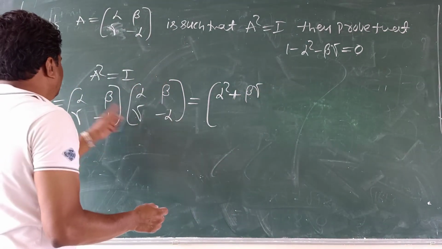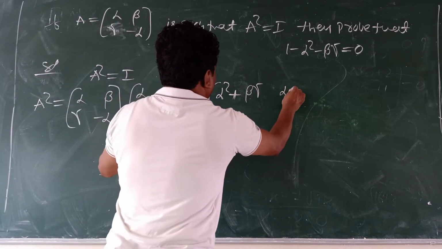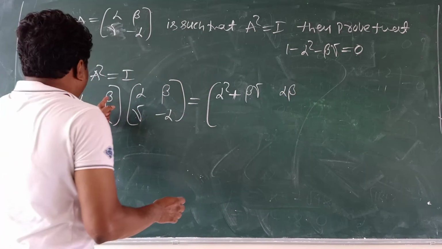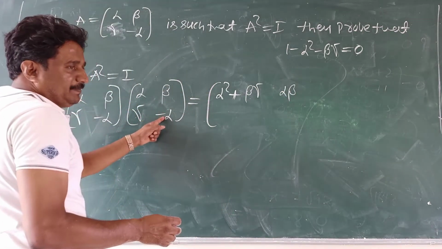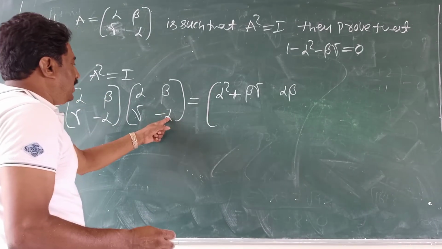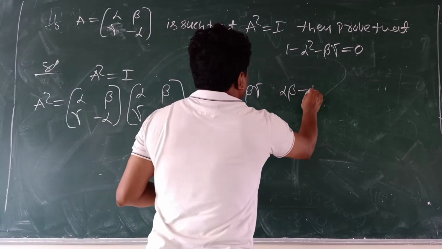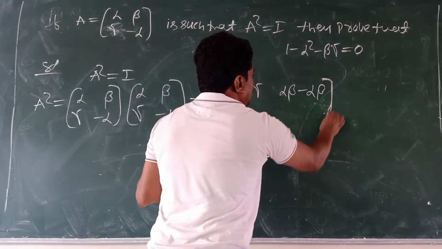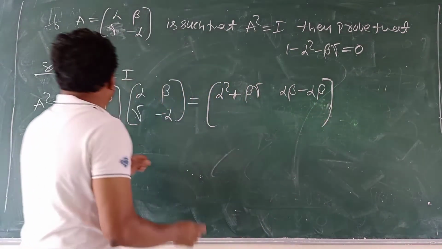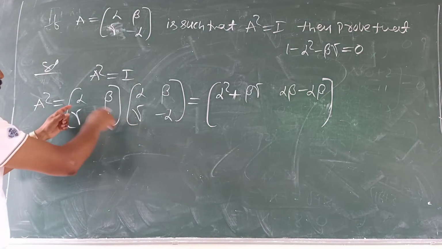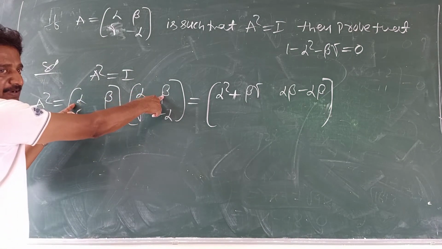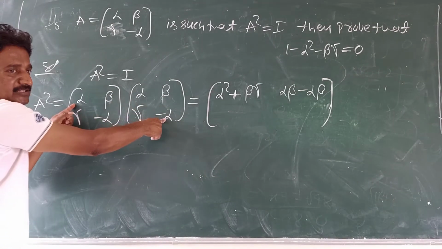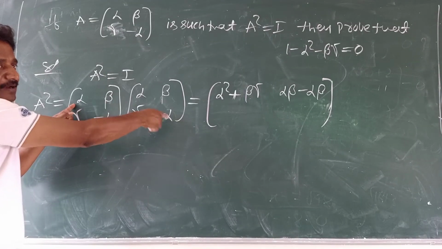First row, second column: alpha into beta, plus beta into minus alpha, minus beta alpha or minus alpha beta.